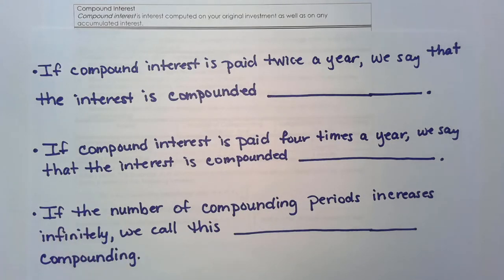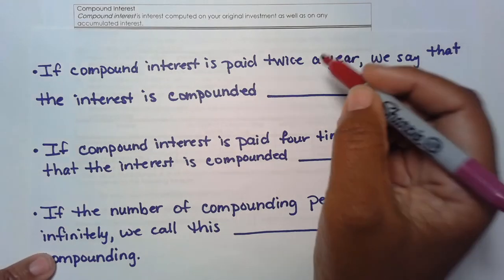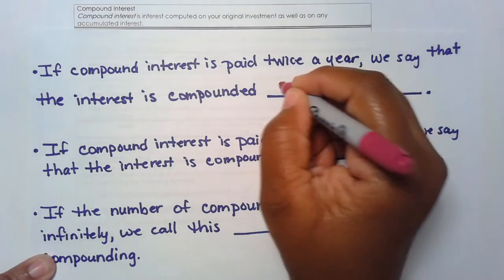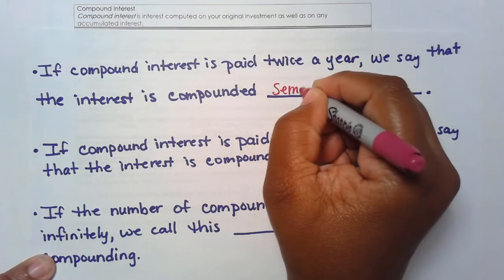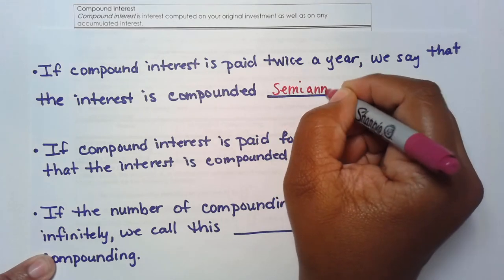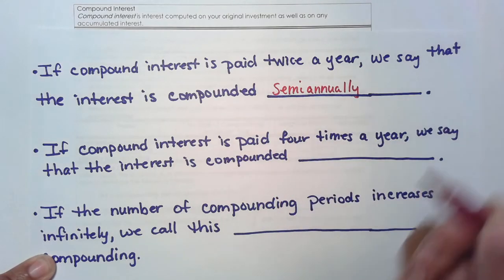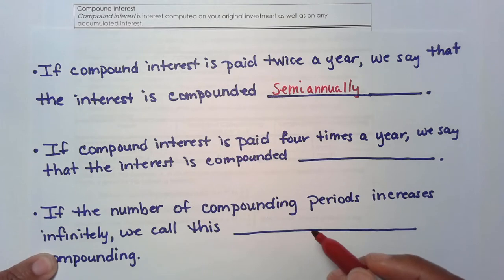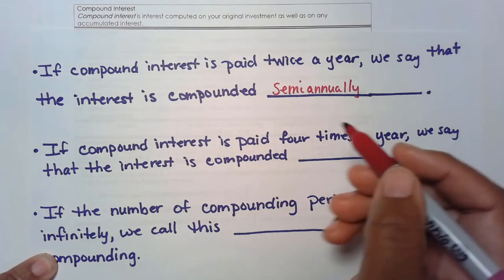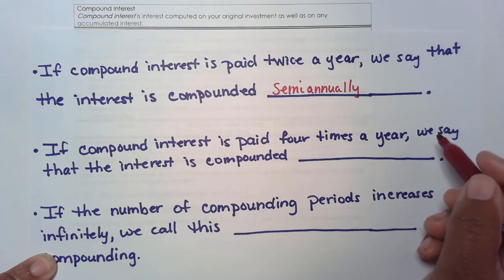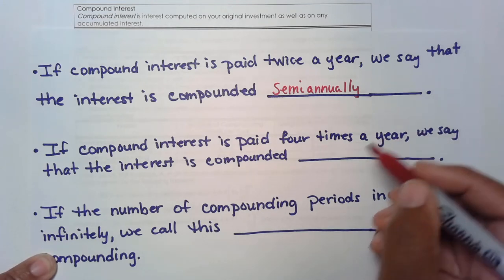So let's look at what we have here. It says if compound interest is paid twice a year, we say that the interest is compounded semi-annually. If compound interest is paid 4 times a year, we say that the interest is compounded quarterly.